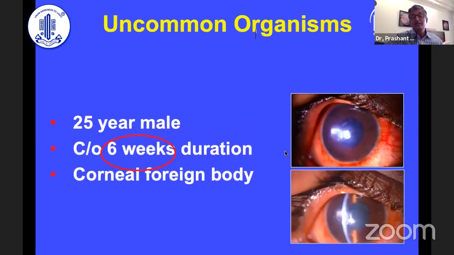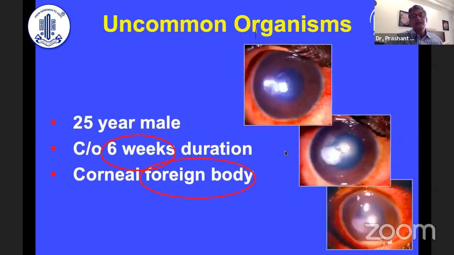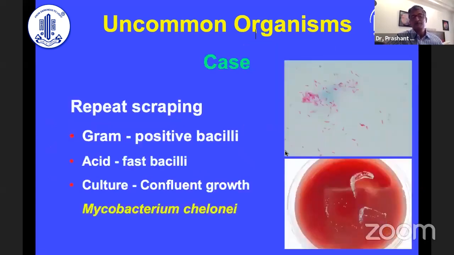These features were that this patient had a very long history of 6 weeks before he presented to us and 8 weeks while he was with us. He had a history of corneal foreign body that was removed by a local ophthalmologist, and the patient was showing a waxing and waning course. All of this typical history and a review of the clinical data clearly suggested that we should do acid-fast staining, which revealed Mycobacterium chelonae.